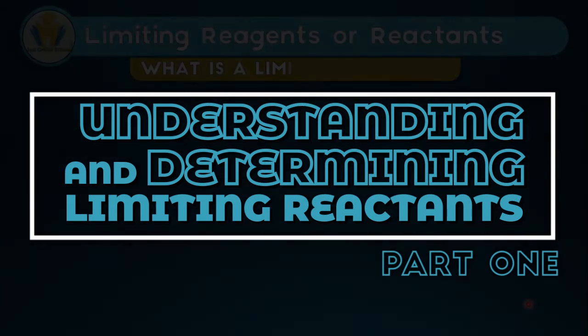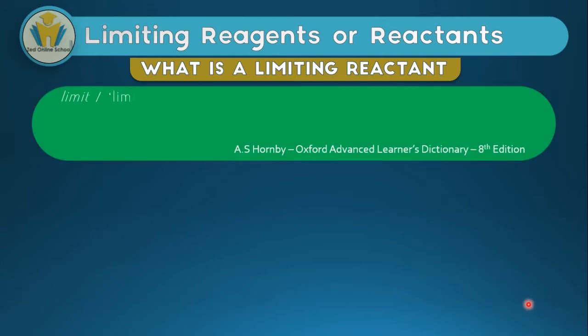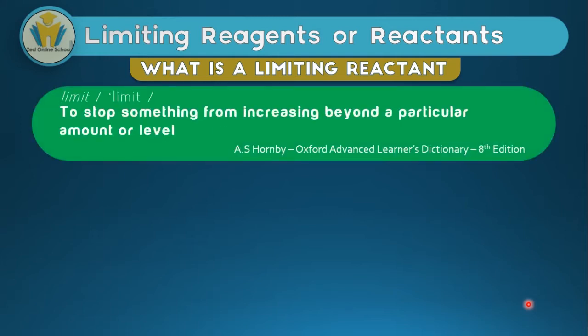Let's start with looking at the limiting reagents, which are also known as limiting reactants. We're going to get the definition of a limiting reactant with us first looking at the definition of limit. Limit simply means to stop something from increasing beyond a particular amount or level. Now, what's the relation between limit and limiting reactants?